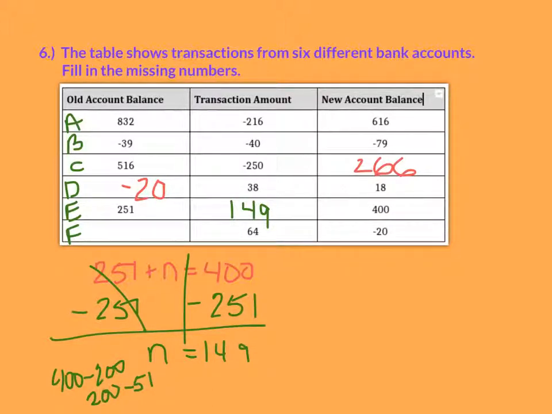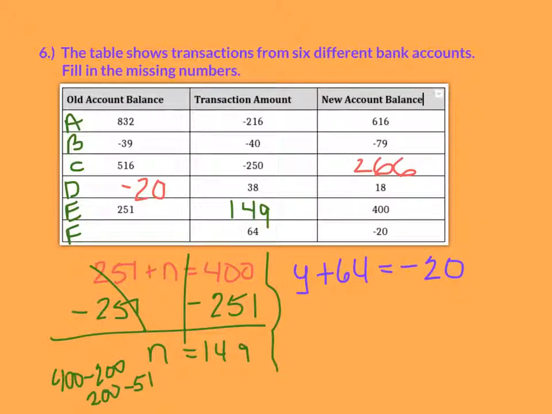And then the next one is just like the D, so F will be very similar to that. So y plus 64 equals negative 20.